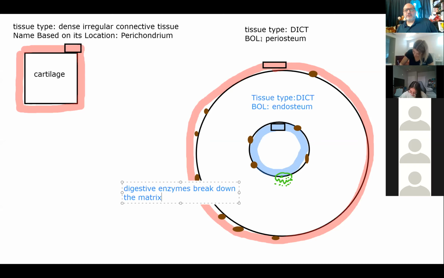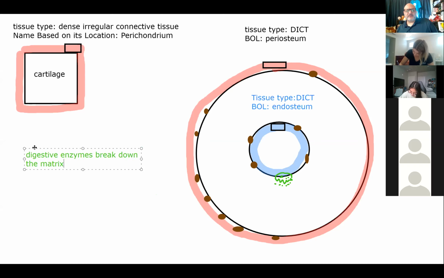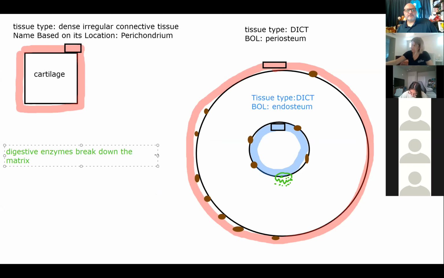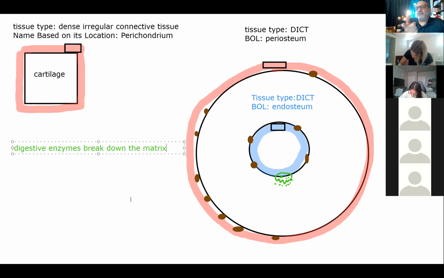Why might it be useful to break down the matrix? Is it for energy? True, but is the matrix, the calcium, providing energy? I guess not. I mean, there is energy in those adipocytes that are in there.